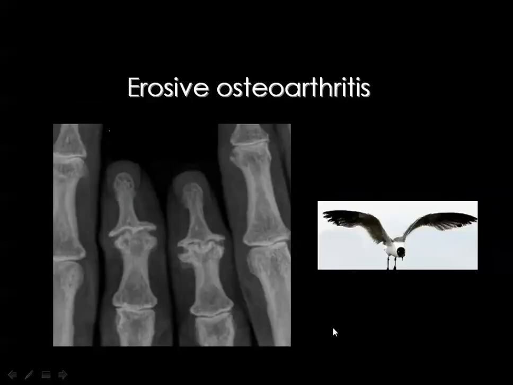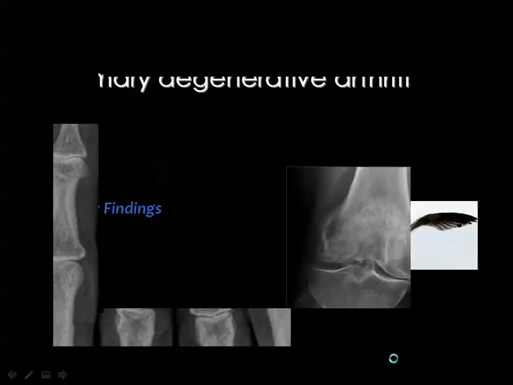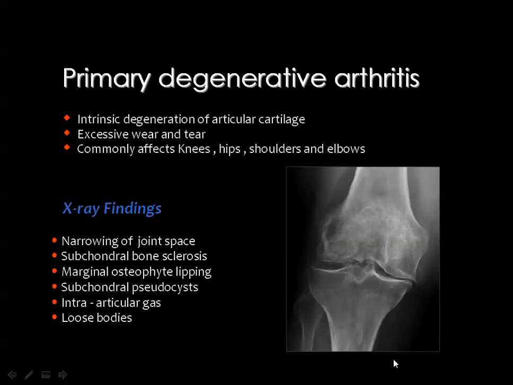And also this is an example. There is marked narrowing of the joint space, subarticular bone sclerosis, irregularity of the articular surface, osteophytic lipping at the joint line.